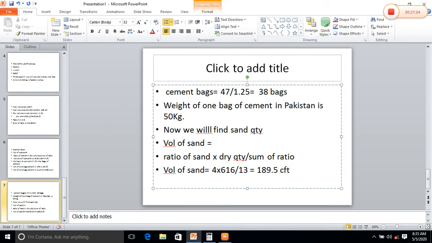Okay, now we will find this volume of sand in sekla, mostly used in Pakistan.